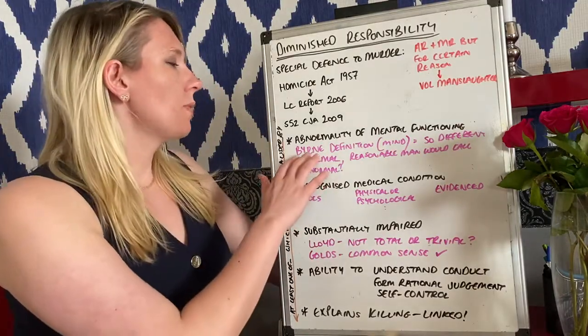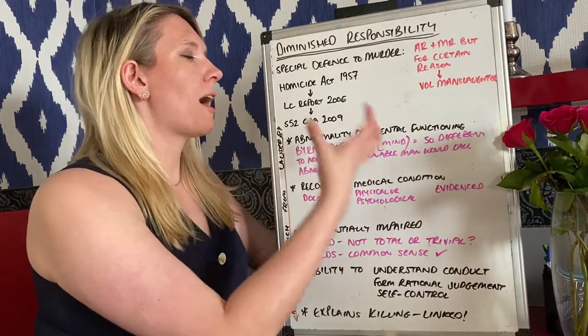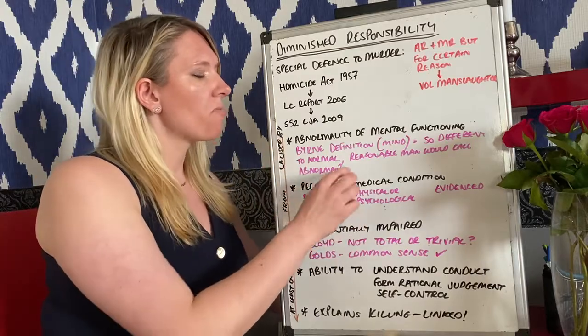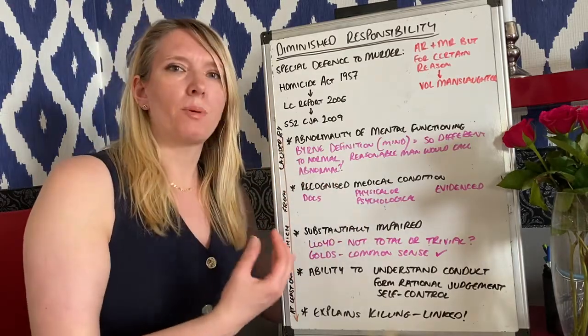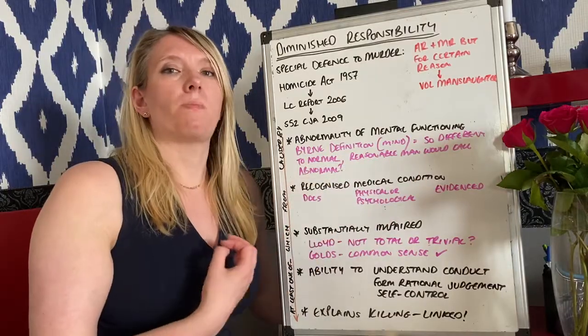So essentially we're asking, was their mental functioning so different to a normal person's that the reasonable man would call it abnormal? Now, of course, in a murder trial, the reasonable man is represented by the jury.